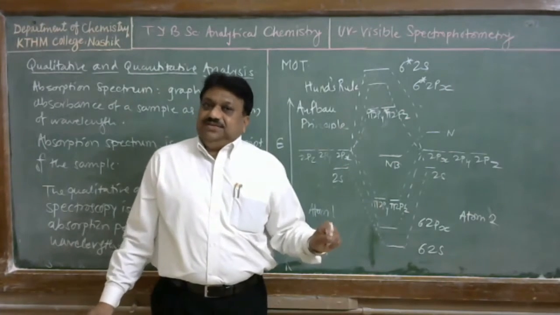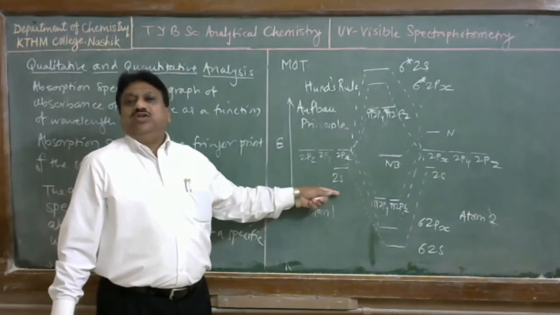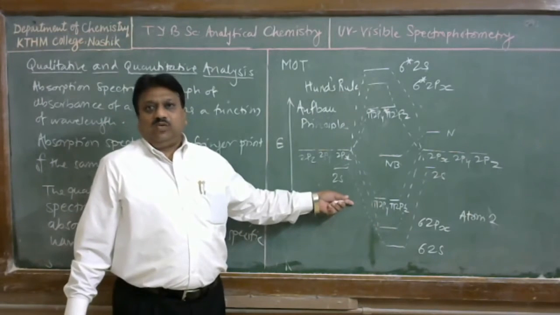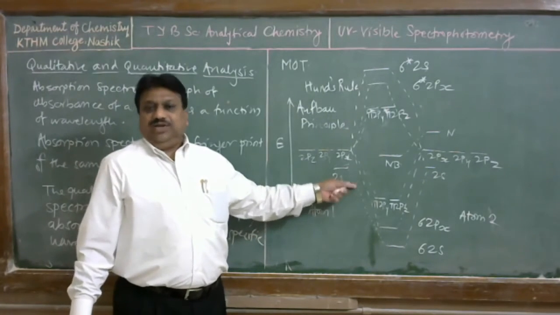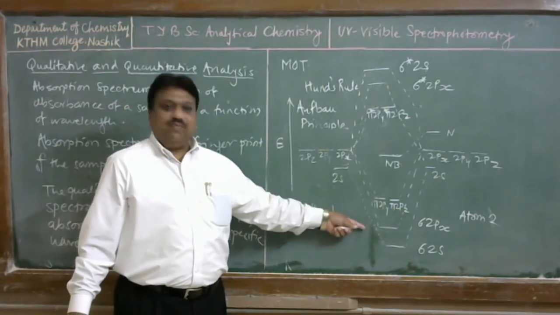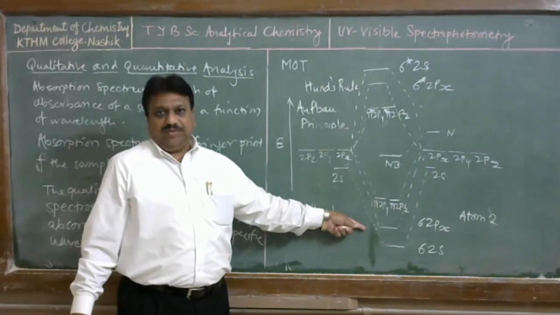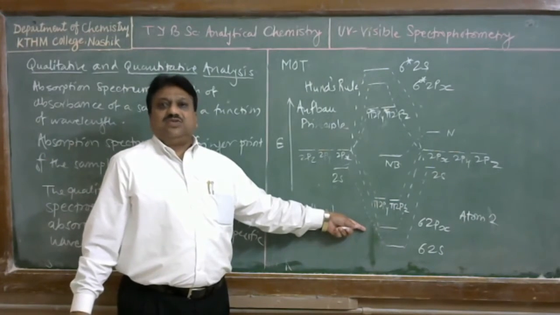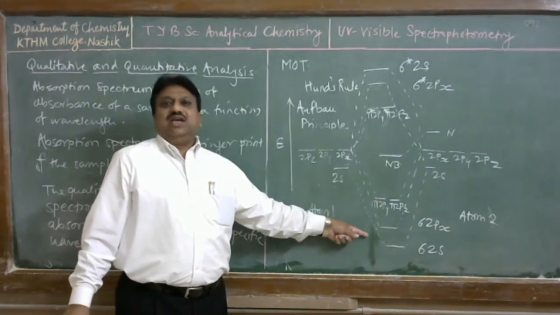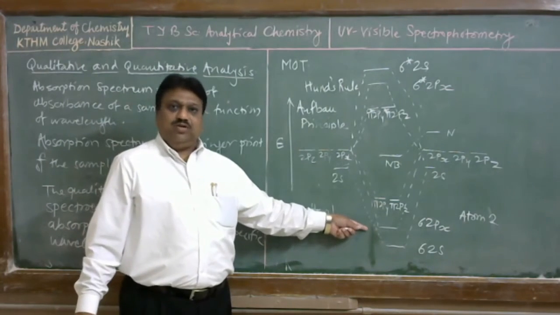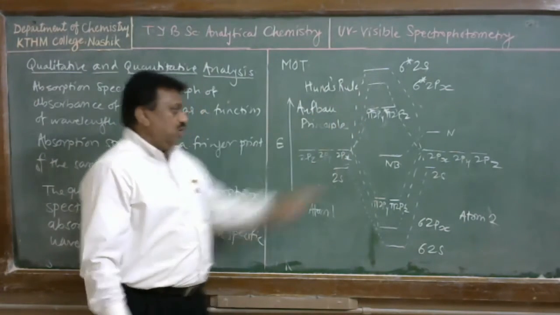Student, this is the molecular orbital energy level diagram of a particular molecule, consisting of anti-bonding and bonding molecular orbitals, and when a substance absorbs energy, electrons are promoted from bonding molecular orbital to anti-bonding molecular orbital.